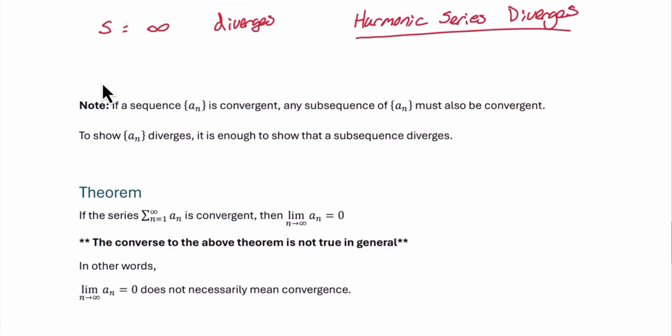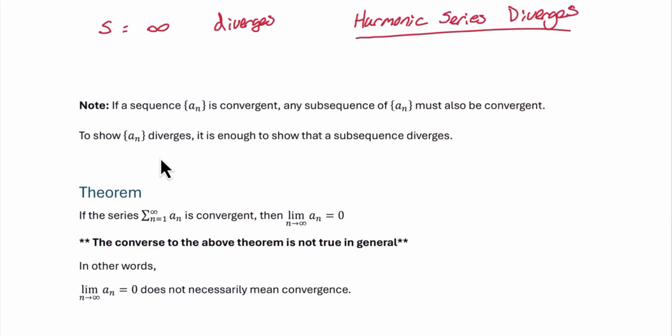Up next, we have just a few notes. If a sequence a sub n is convergent, then any subsequence of a sub n must also converge. So if we have an infinitely long sequence that is convergent, then it makes sense that if we take any smaller part of this long infinite sequence, it must also be convergent.